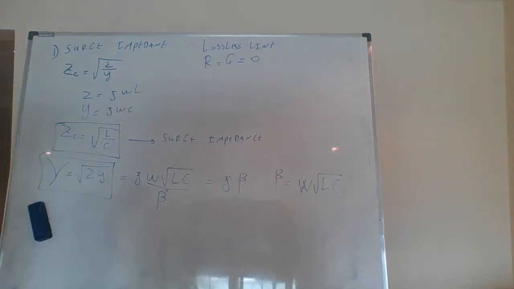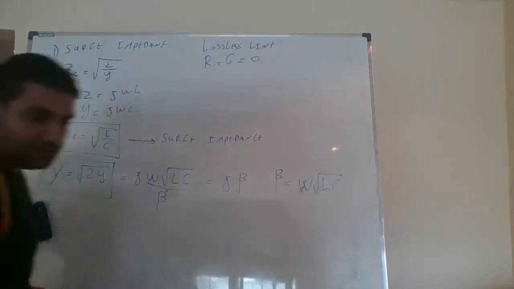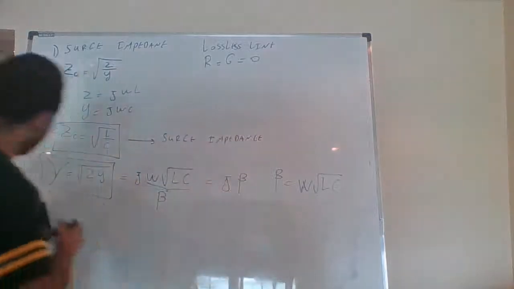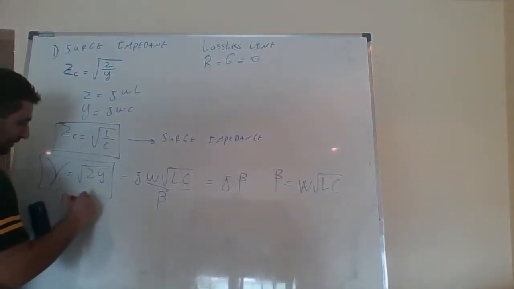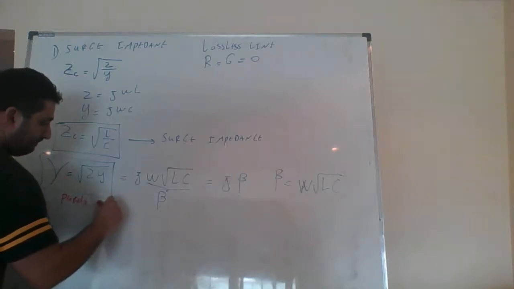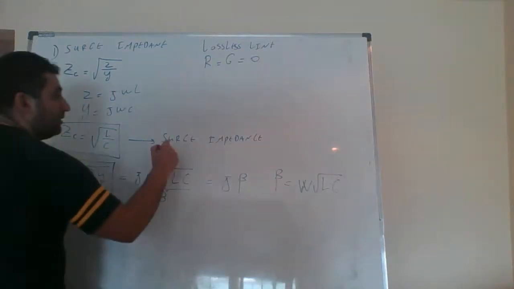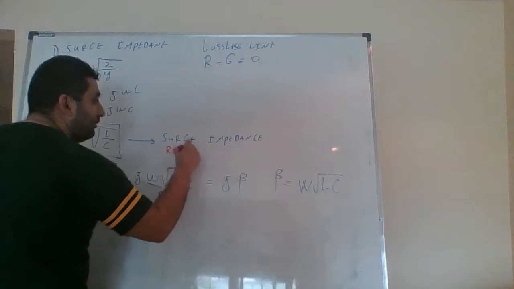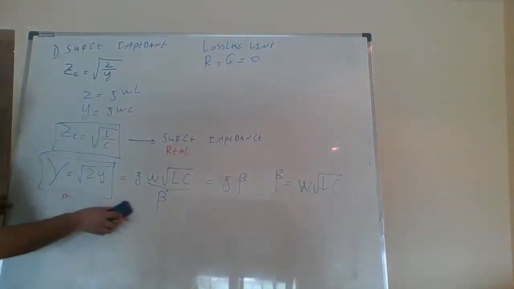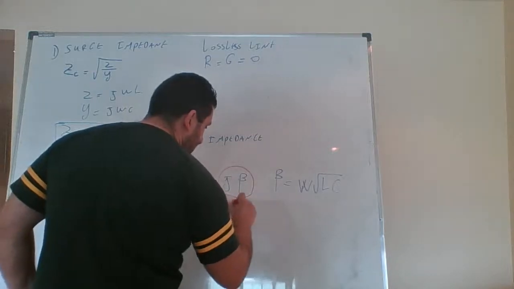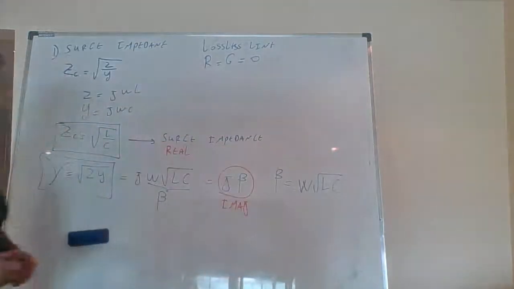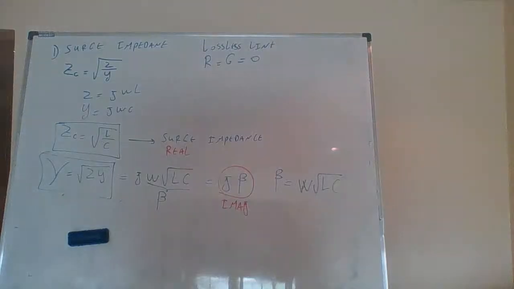So the propagation constant now is purely imaginary. This is only real value. So this is 100% imaginary value. Is that clear so far?